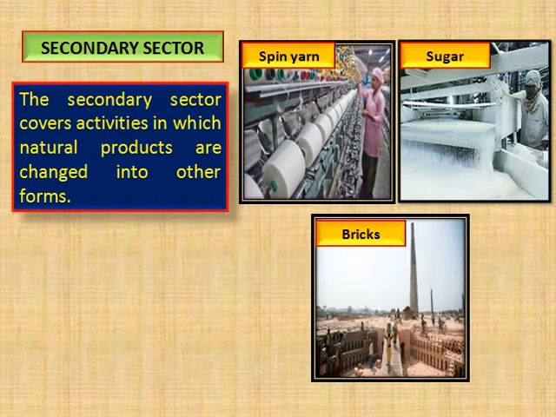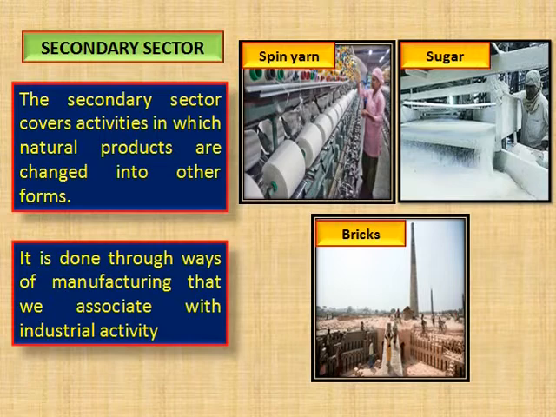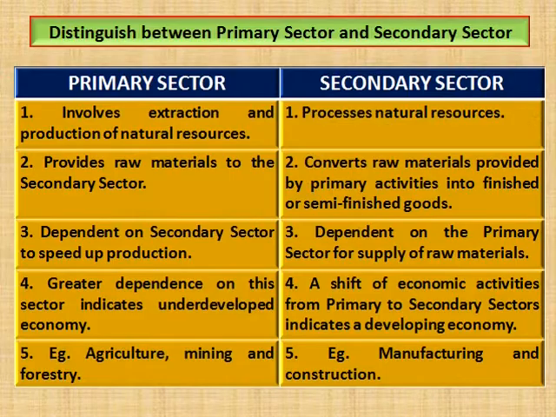The secondary sector covers activities in which natural products are changed into other forms through ways of manufacturing that we associate with industrial activity. Since this sector gradually became associated with the different kinds of industries that came up, it is also called the industrial sector. We will understand these two sectors better by distinguishing between them.